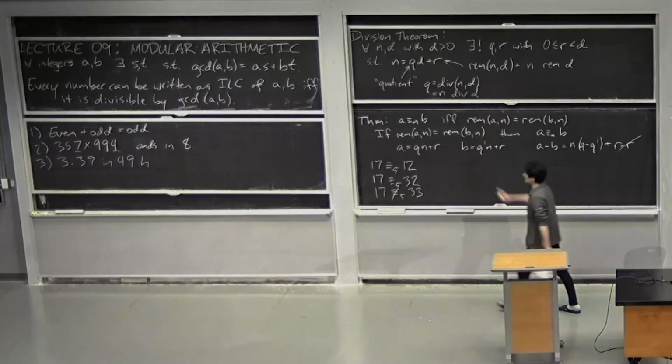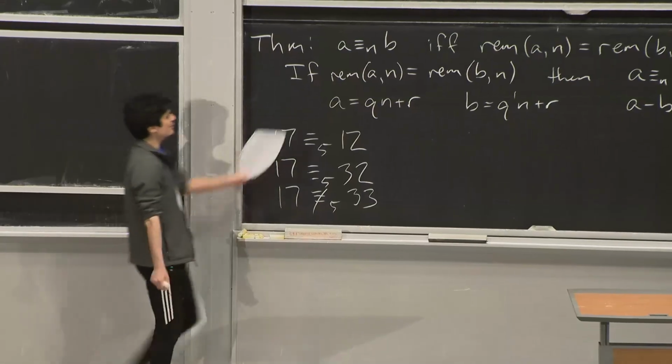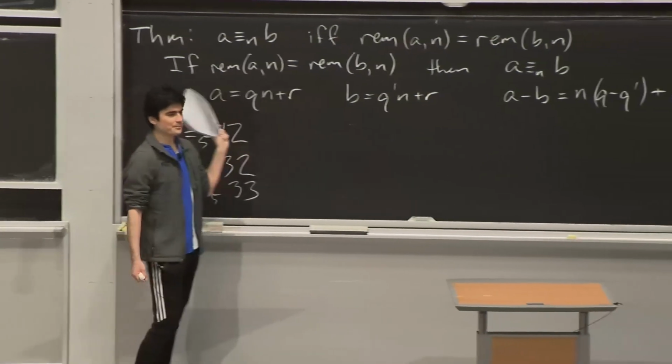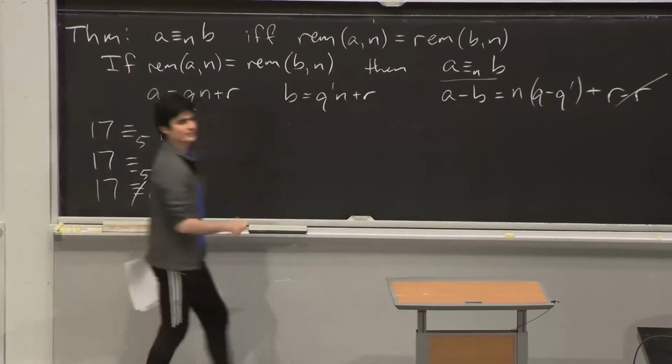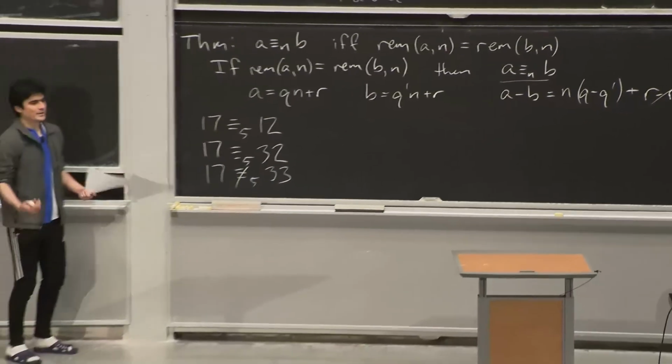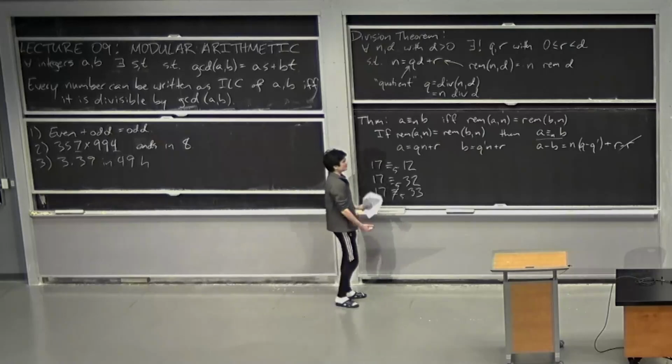Okay, so, well, this is only half the proof, right? We're proving one direction. So we are assuming that the two remainders are the same, okay? And we're trying to prove this, right? So if the two remainders are the same, from the division theorem, we've got the same r in both cases. So we're going to write both numbers in that form.